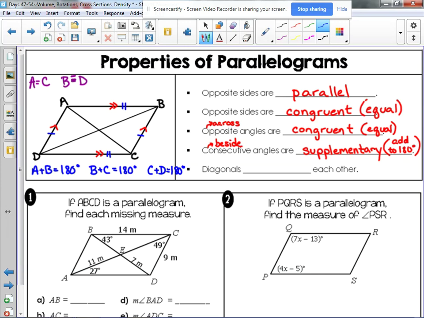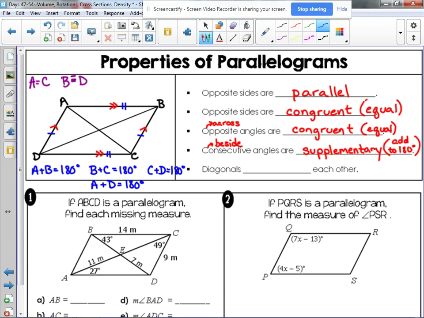And there's one more, D plus A or A plus D, however you want to look at it. They are consecutive. They are beside each other. Those are consecutive angles. So all of those angles, it depends on what information we're given or what we're asked about. It depends on which one we need. But consecutive angles, angles that are right beside each other in the parallelogram, are supplementary.